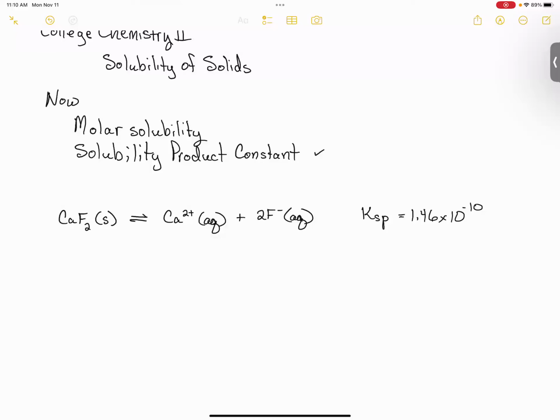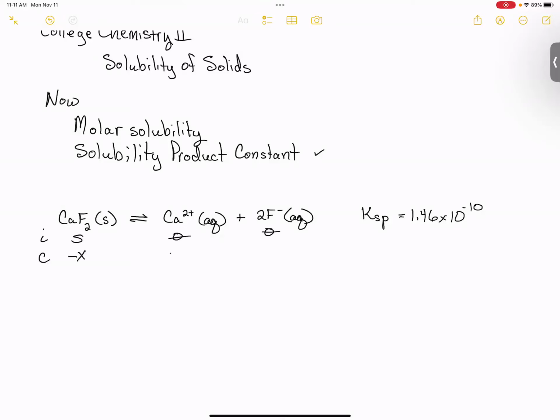Now let's talk about the molar solubility. You're starting out initially with solid calcium fluoride. You have none of your calcium ion and none of your fluoride ion. As time progresses, the calcium fluoride is going to dissociate.